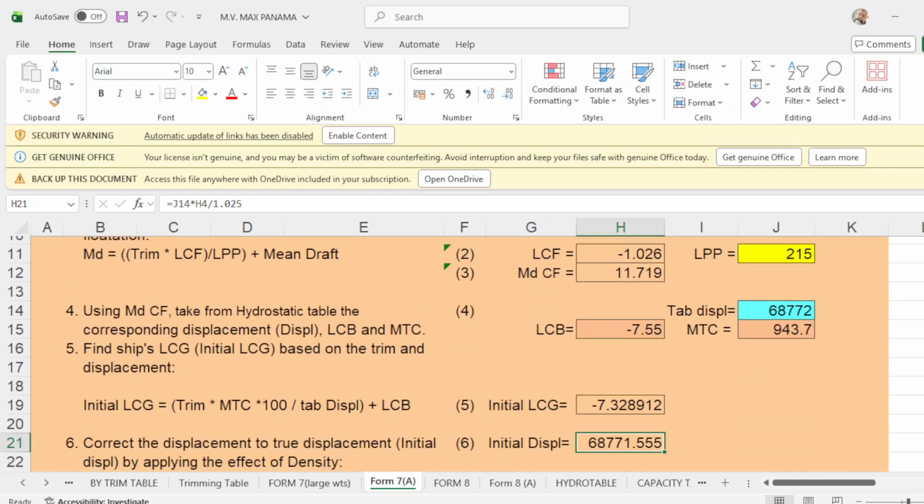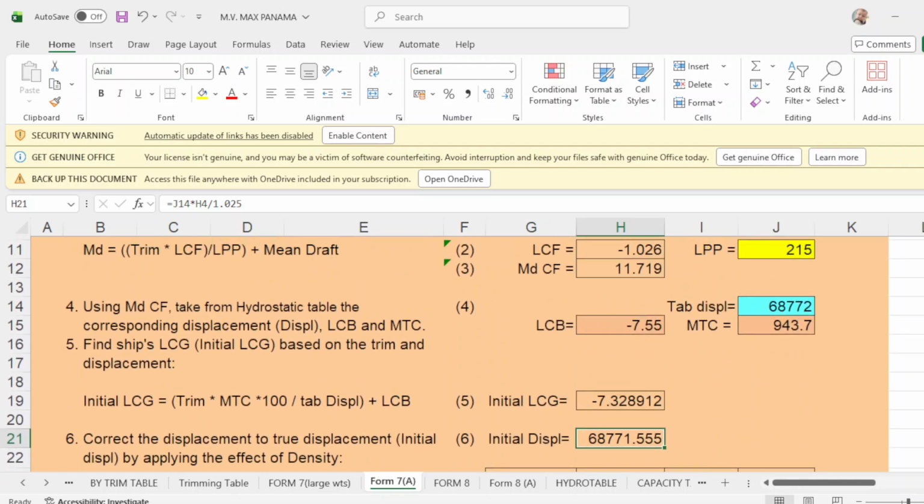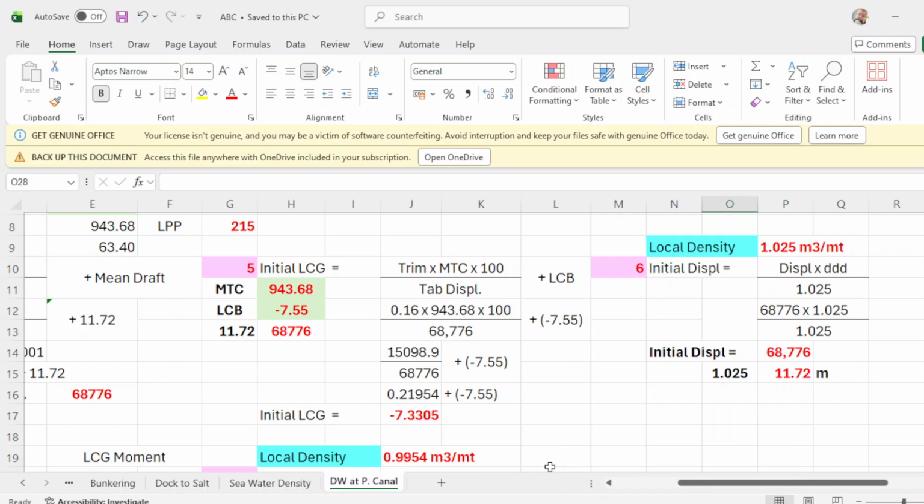Number 6. Okay, number 6, this one. That will be number 6. So number 6 will be initial displacement, which is displacement times local density over constant of 1.025.